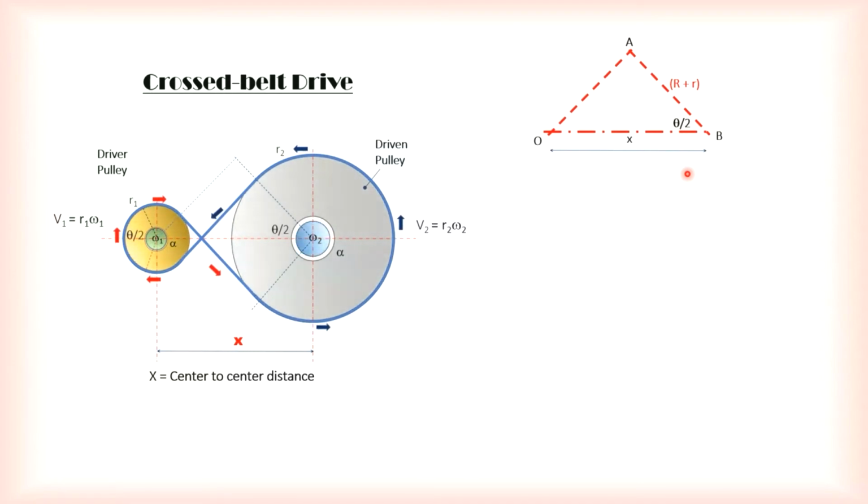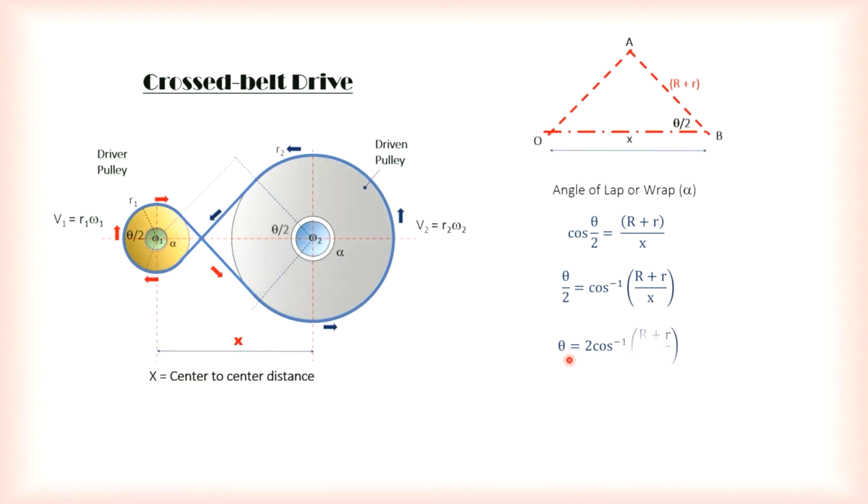Again, we apply the cosine rule, adjacent over hypotenuse. Remember, the angle of wrap is alpha, not theta. So what we need to do is find theta first.